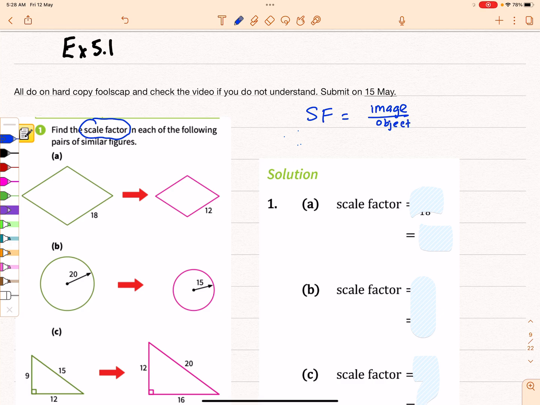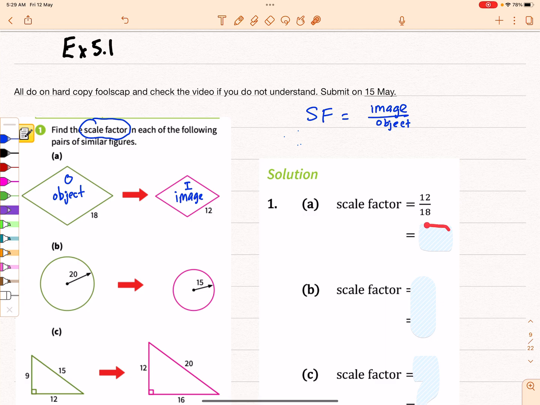Now this arrow here says that this shape is the image, and this shape is the object. To keep it simple, I will use O. So for the first answer, I will use the image length divided by the object length. Check that you have the correct answer.